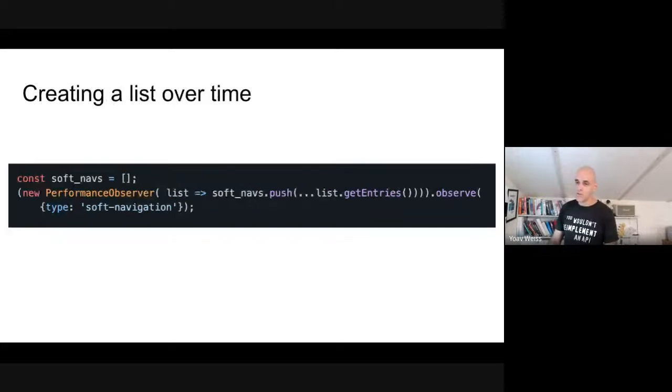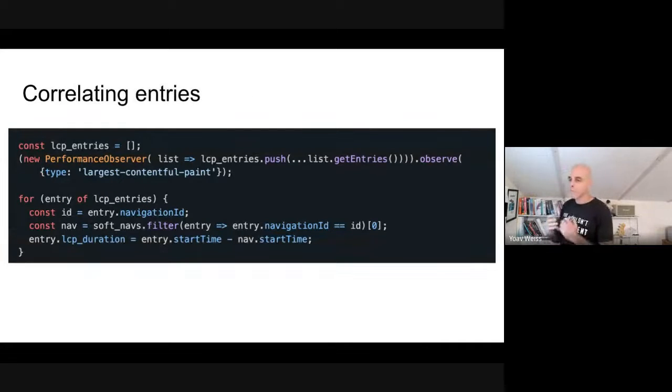No surprises there. If you want to create a list over time as the page is loading, similarly, you will create an array and then push entries to that array as Performance Observer gets fired over time.